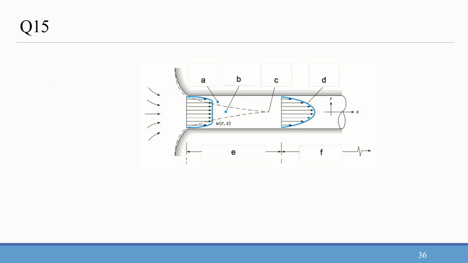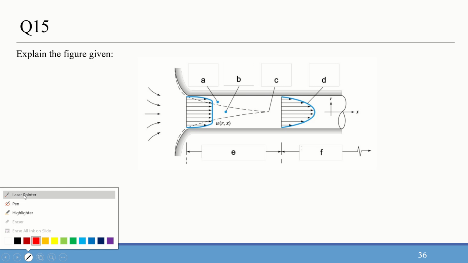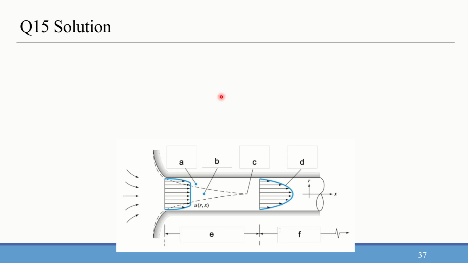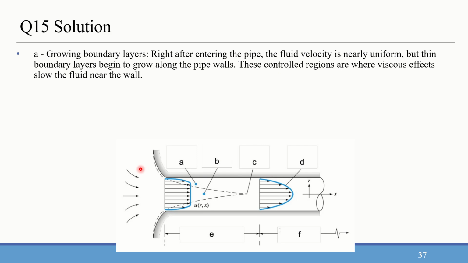Okay, now it is not a direct question, 15th question. So we are just going to see. Explain the figure given. So we have a pipe flow, and what we are going to do is explain what each region denotes. So first one is a growing boundary layer, right?